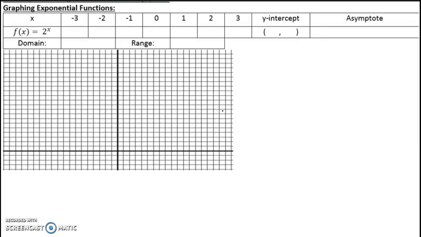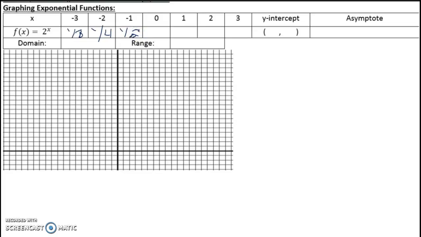And 2 to the -3rd is 1/8. And then 2 to the -2 is 1/4. 2 to the -1 is 1/2. Just remember, negative exponents flip. Remember that when we talk about exponent properties.